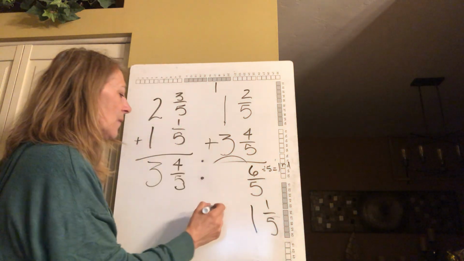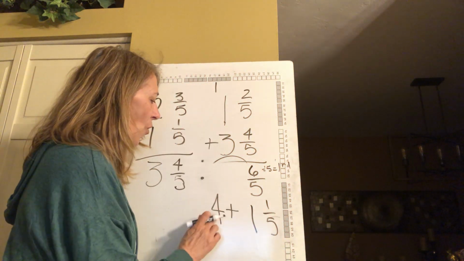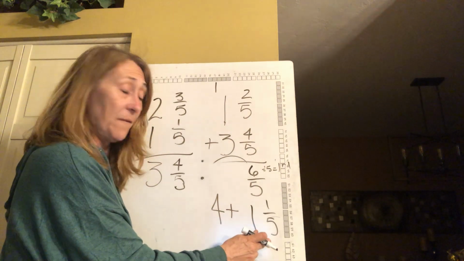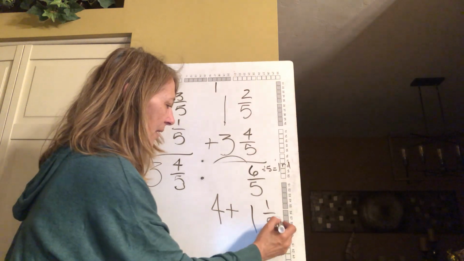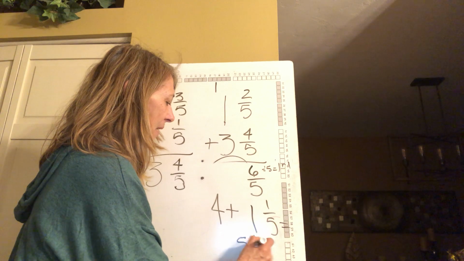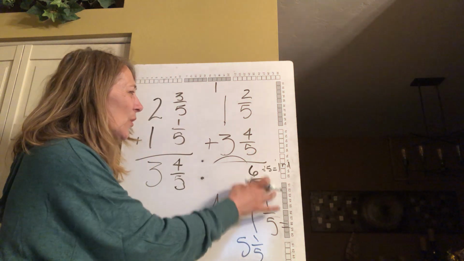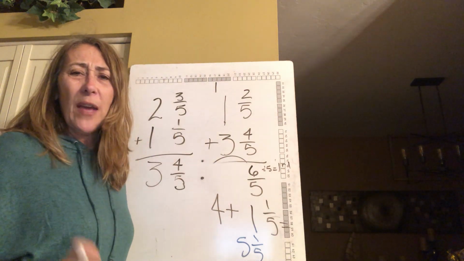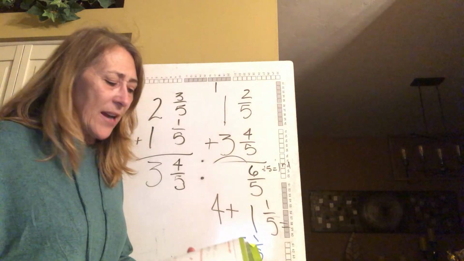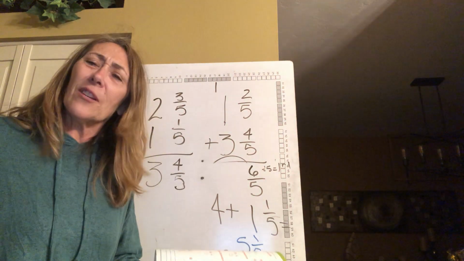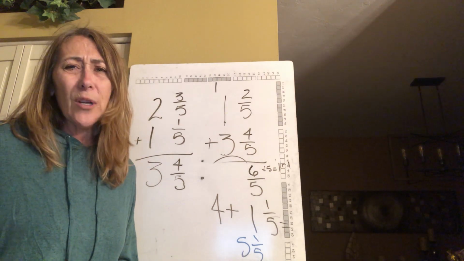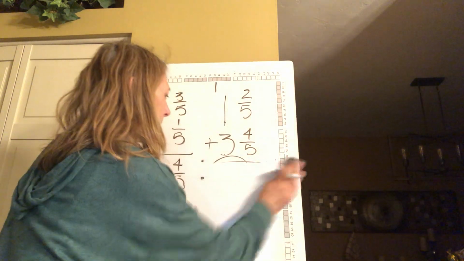And 3 plus 1 is 4. So I could do 4 plus 1 1/5 equals 5 1/5. I kind of like to switch it right here and do it that way, but it's up to you. We're going to practice both ways. And again, you're always going to find patterns. You're going to find what works for you.